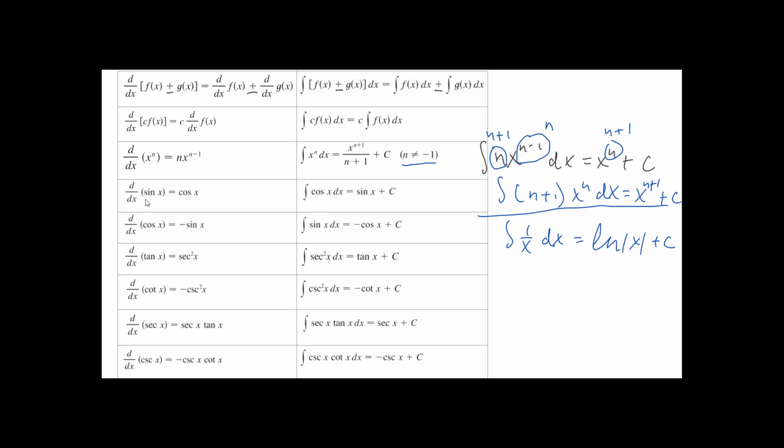So the derivative of sine is cosine, so the integration of cosine is sine plus c. The derivative of cosine is negative sine, therefore the integration of negative sine is equal to cosine plus c. But because we don't like the negative sign on the left, we divide both sides by minus 1 to get rid of the minus sign, and therefore the formula becomes this.